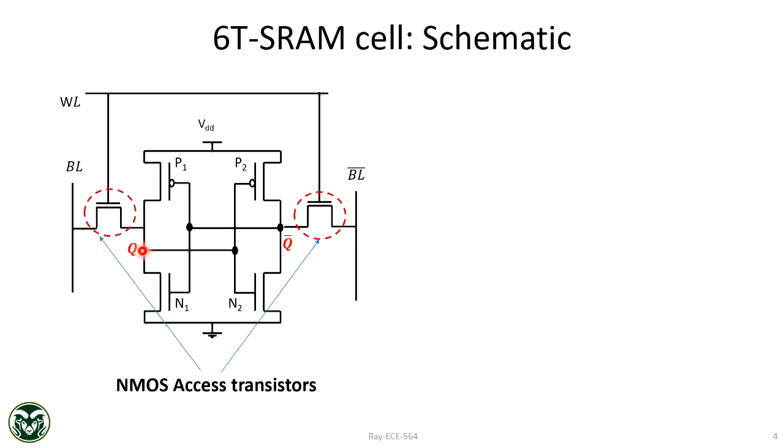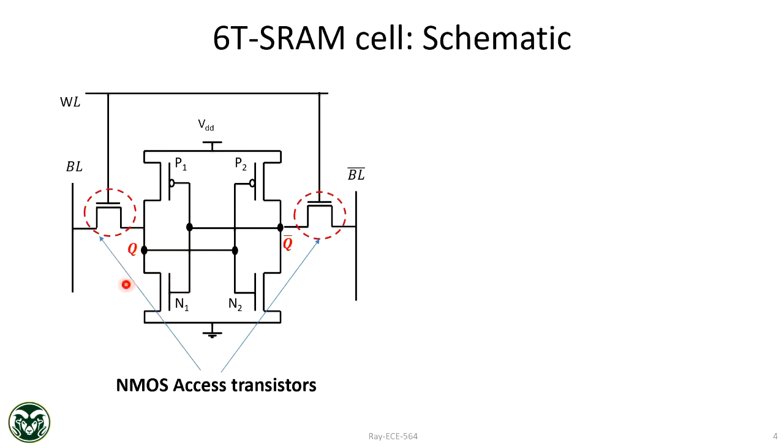So if Q is 1, where 1 means high voltage, Q bar has to be low because this is an inverter structure. This is one CMOS inverter, this is another CMOS inverter, this P1 N1, and they form this back-to-back latch, right? So for example, let's assume this Q is 1, okay?